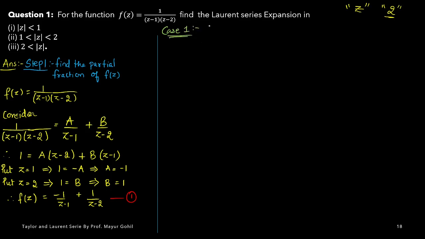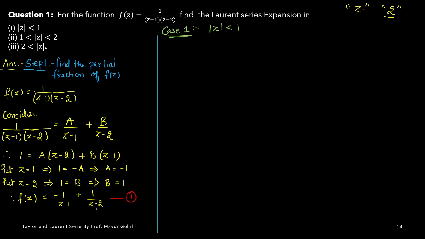Case 1 says that mod z is less than 1. What is the meaning of this? We have to understand this. See, our denominator becomes 0 at two places, that is z equal to 1 and z equal to 2. In the partial fraction we can see, as well as in the function.